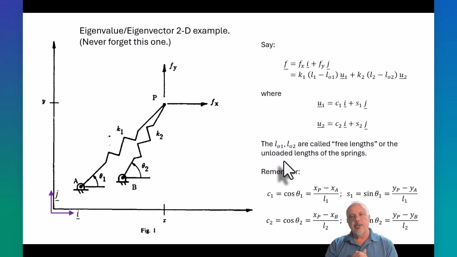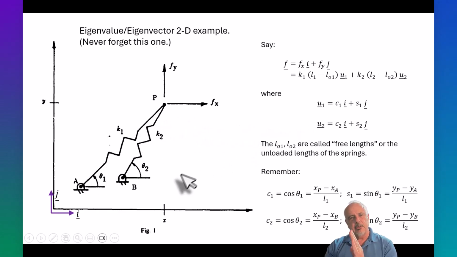Okay, so here's what I'm going to do: I'm going to say that the vector force that needs to be applied to the springs is going to be equal to K1, the stiffness, times L1 minus the free length, in the direction of U1. So U1 is a unit vector that is aligned with theta 1.